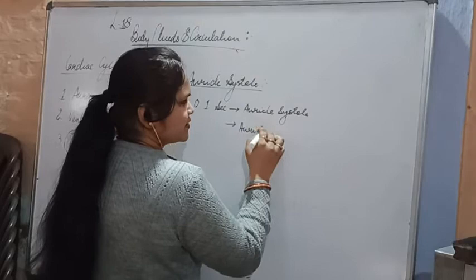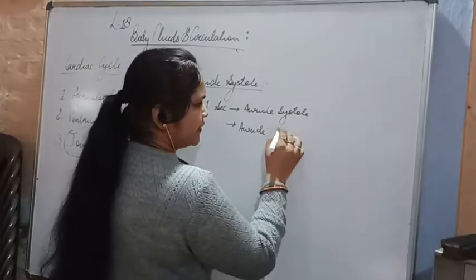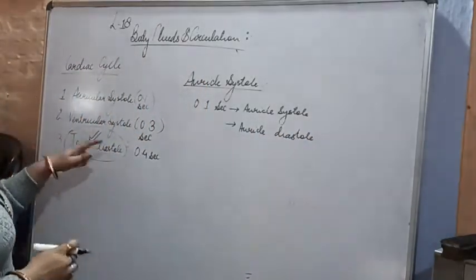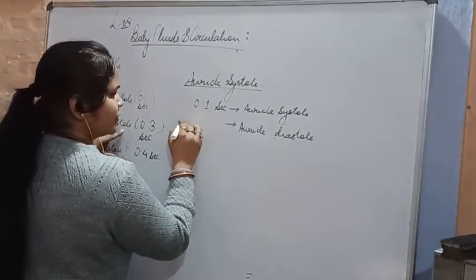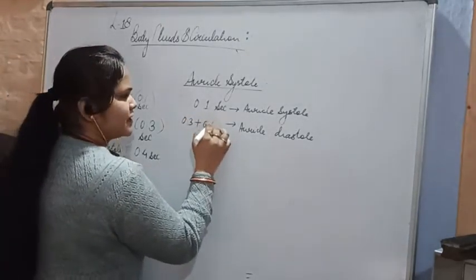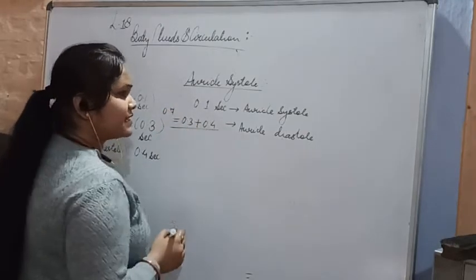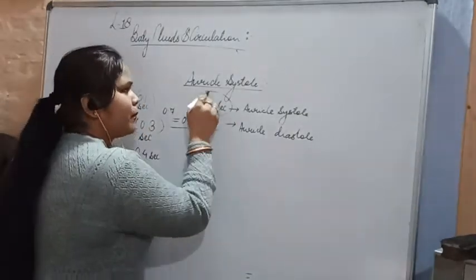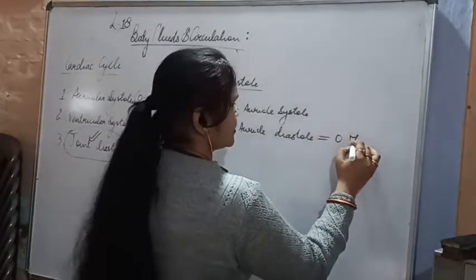Auricles are in diastole for the time when the ventricles are in systole, 0.3, and also in the joint diastole. So 0.3 plus 0.4 equals 0.7. Our auricles are contracted for only 0.1 second, and they are in the relaxed state for 0.7 seconds.